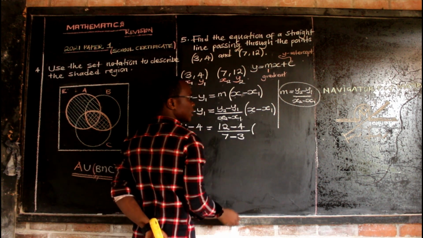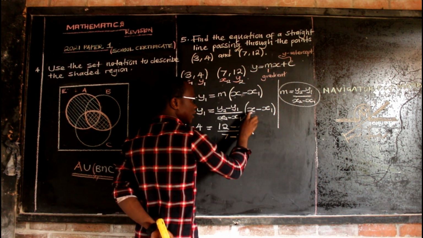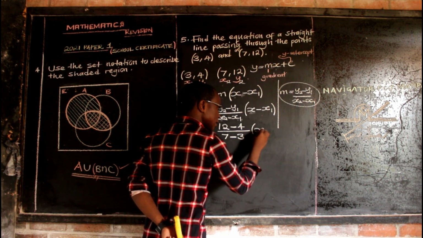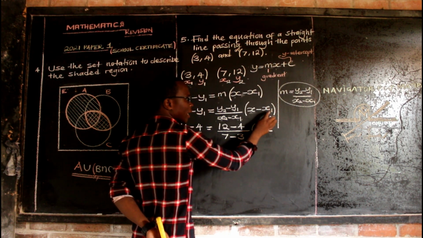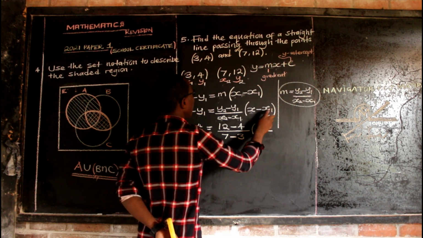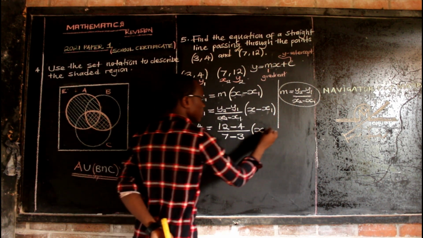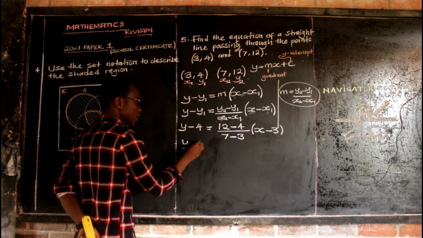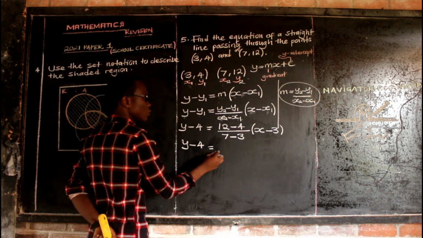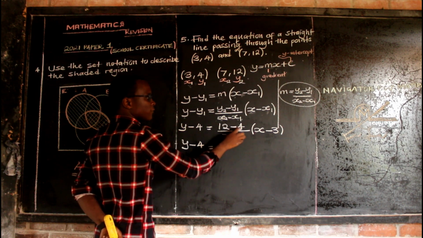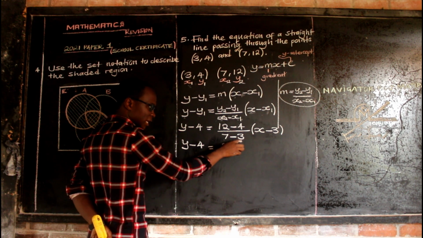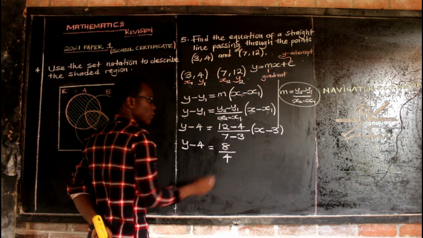Then you open up the brackets. You maintain x, as x is part and parcel of the equation. So you maintain x minus, what is our x1? 3. So you maintain y minus 4 is equal to 12 minus 4, you get 8, over 7 minus 3, you get 4.